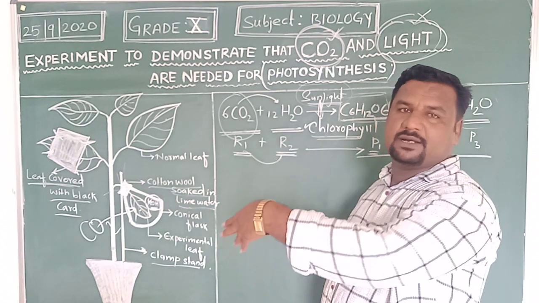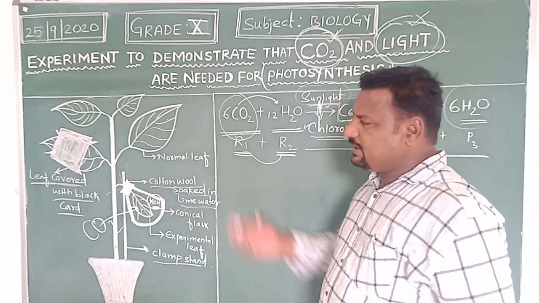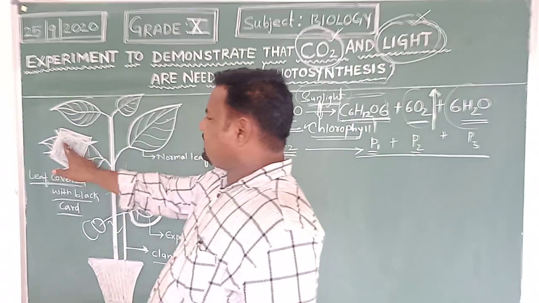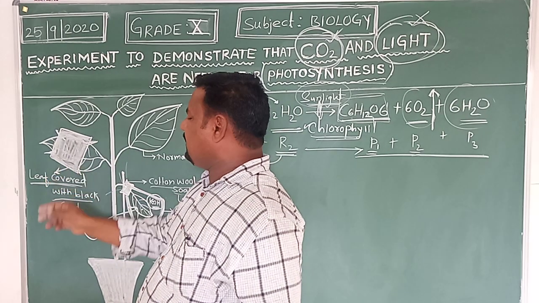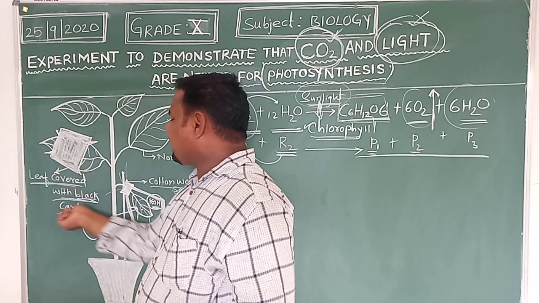That shows there is no formation of starch in the leaf which was placed in the flask containing KOH solution. We can arrive at this conclusion by making this observation. On the other hand, the leaf which is covered using what? Black tar.